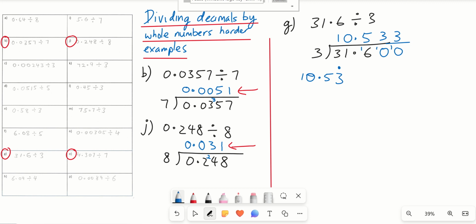The dot on top of the 3 tells us that the 3 is going to repeat. And this is the answer, 10.53. Let's go on to O.